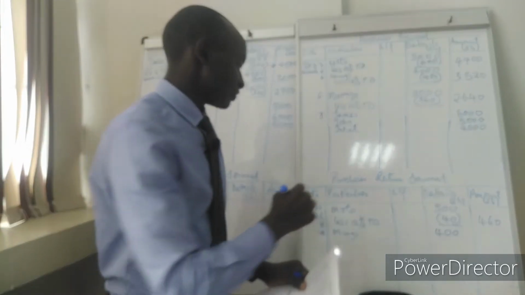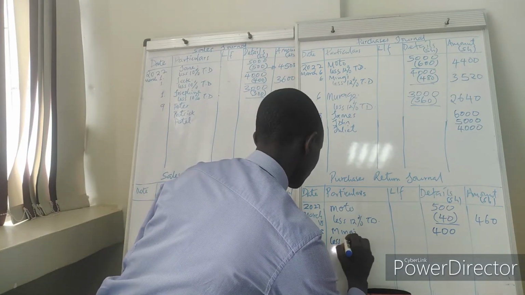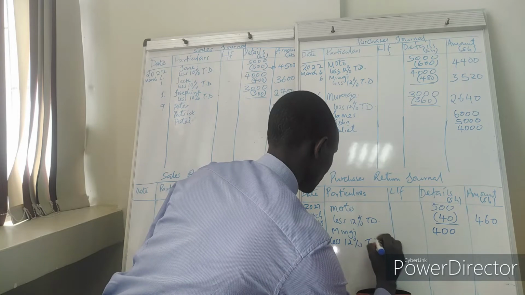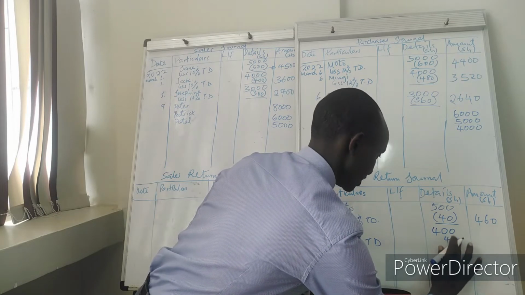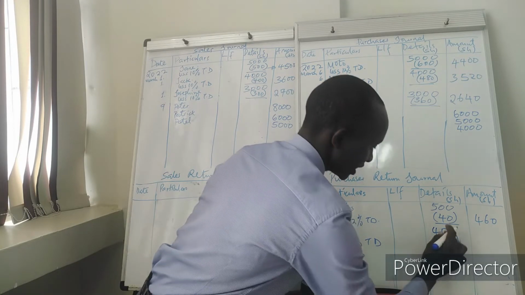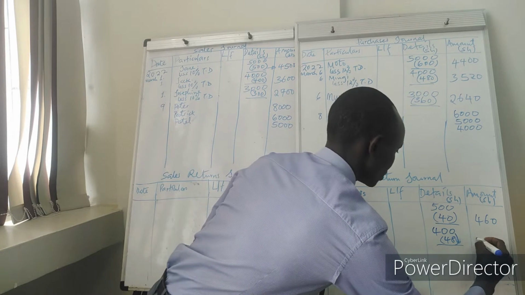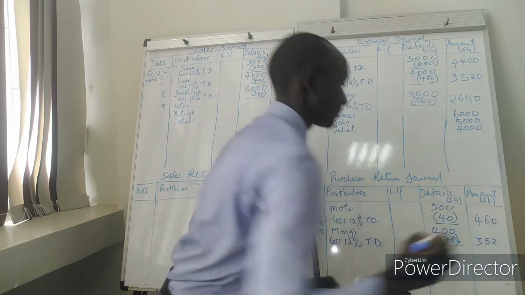You less the 12% trade discount. 12% of 400 is equivalent to 48. Sorry, 400 minus 48 is equivalent to 352. Isn't it? From your calculations.